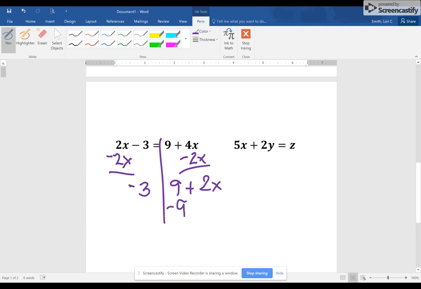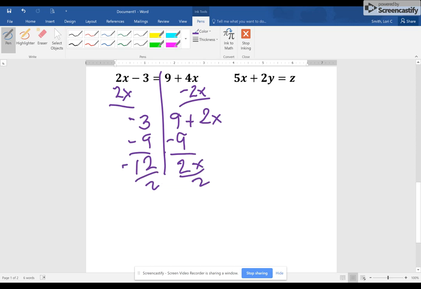I'm going to subtract 9 from both sides, and I end up with negative 12 on the left and 2x on the right. I'm going to divide both sides by 2, and I get negative 6 equals x.